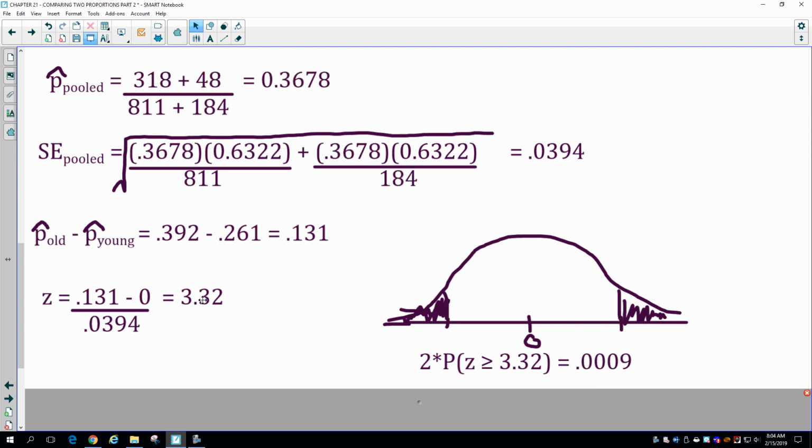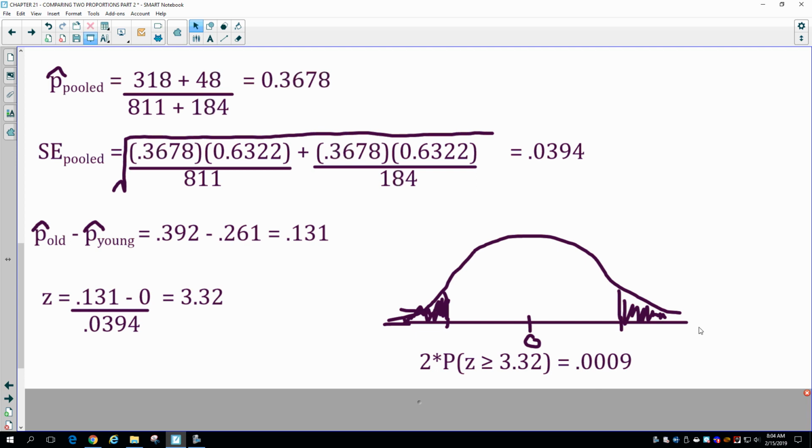Nevertheless, we'll calculate a p-value. This is a two-tailed test because our alternative was a not equals to, and so we're going to find this area in the right tail by doing our second vars, normal CDF. Our lower bound is going to be 3.32, our z-score.